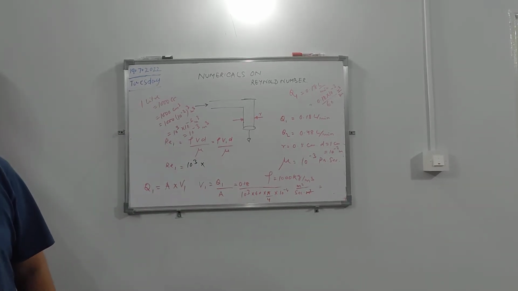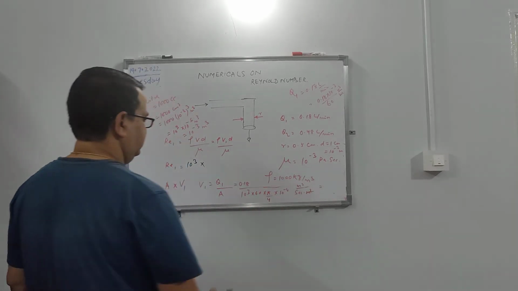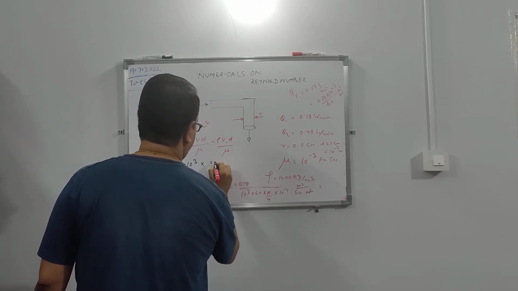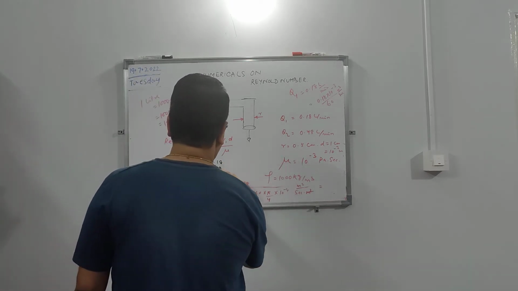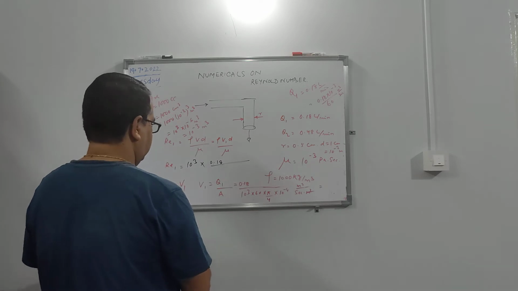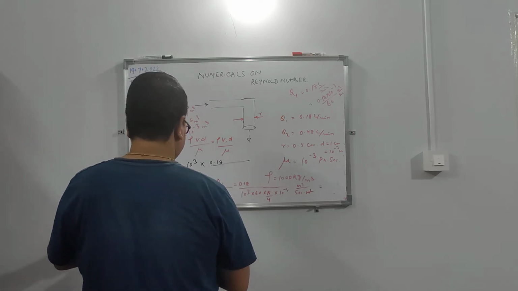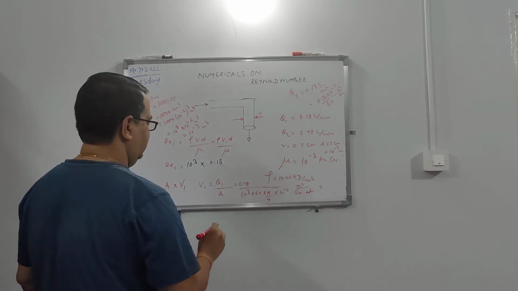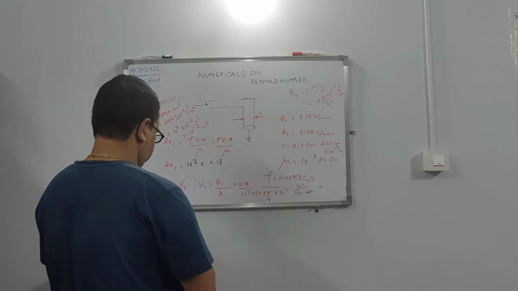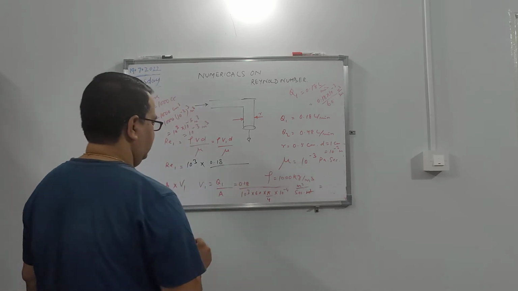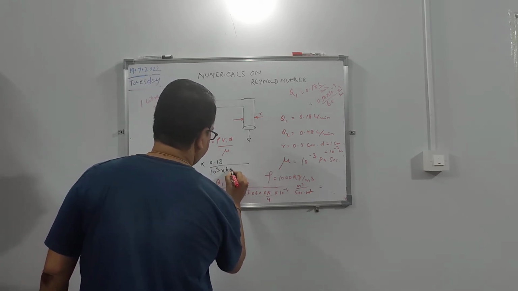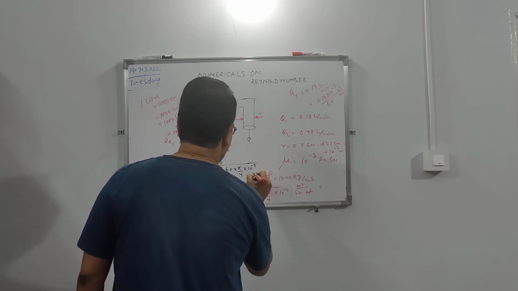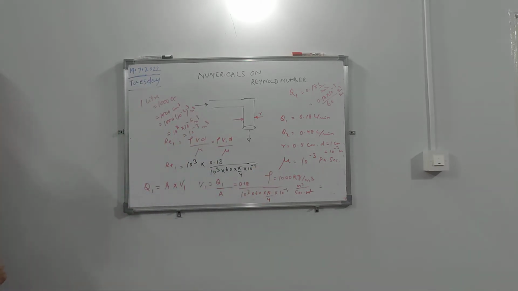The velocity value is 0.18 divided by 10 to the power 3 into 60 into pi by 4 into 10 to the power minus 4. So this becomes your velocity.